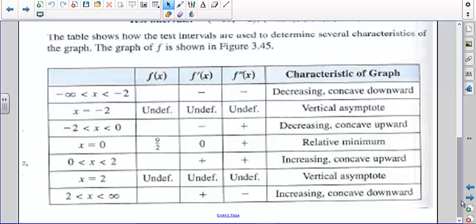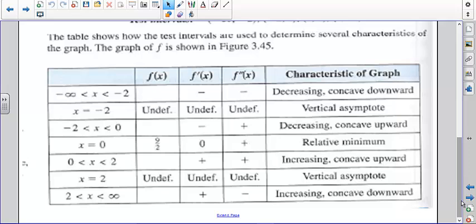You could pick values of x in these intervals to evaluate the sign of the first and second derivative. So I'd pick -1 here, +1, +3, maybe -3. All you're doing is looking for the sign of the first and second derivatives. When you do that, you find that we're decreasing, then we have a change from decreasing to increasing, which means it's a relative minimum.